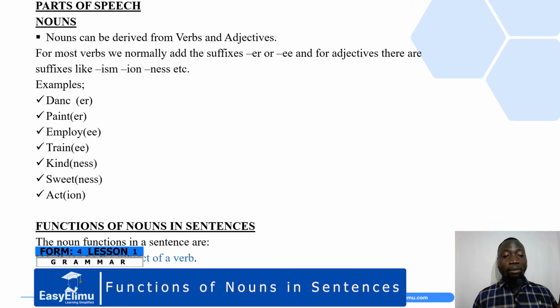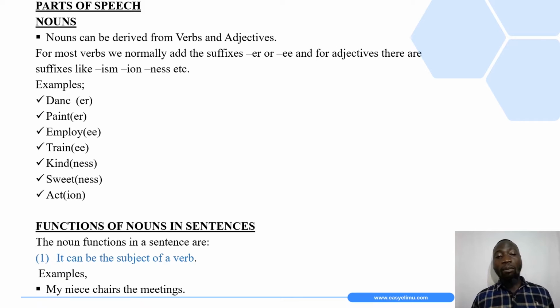Look at some of the nouns that we are able to form from verbs and adjectives, by adding various suffixes to the base of those verbs. So in our first example, we have the verb dance, or to dance.